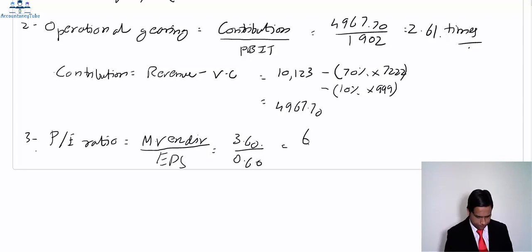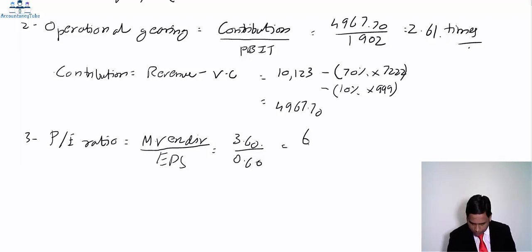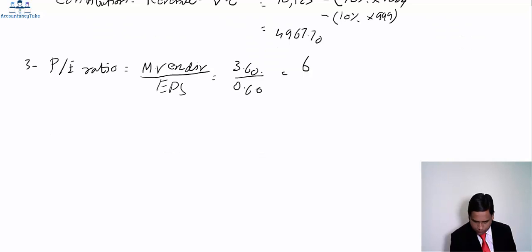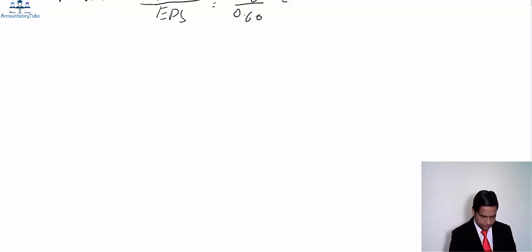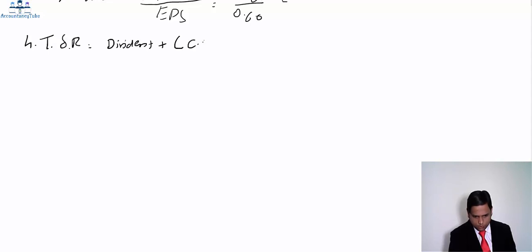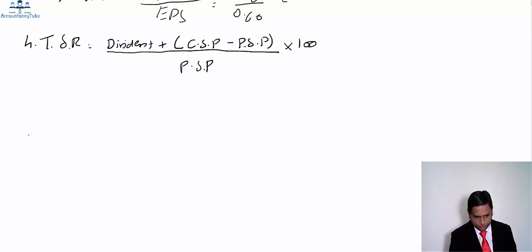Now let's compute that. Firstly, we need some space. We are now computing total shareholders return, that is dividend plus current share price minus previous share price, divided by previous share price, multiplied by 100.